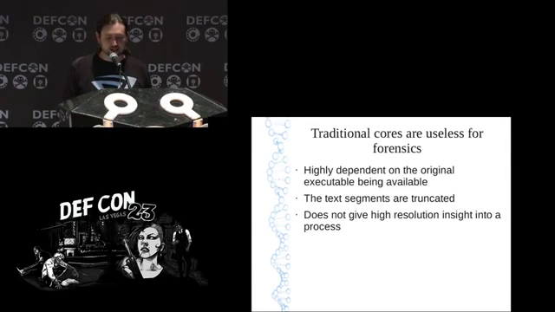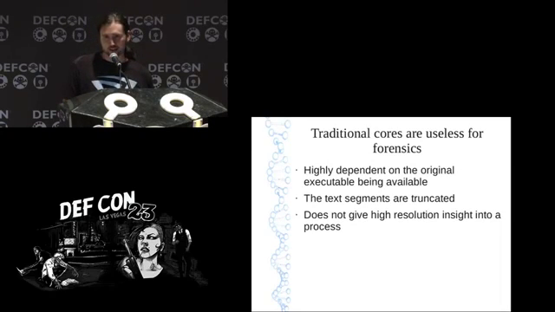They are highly dependent on the original executable and shared library files still being on your computer. When you load a core file into a debugger, you have to have the original executable, and you have to hope that executable has symbols and maybe even some DWARF debugging information. The other problem is that the text segments are truncated, to save space.